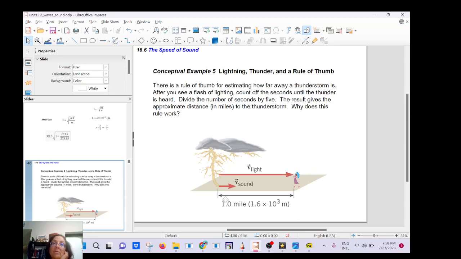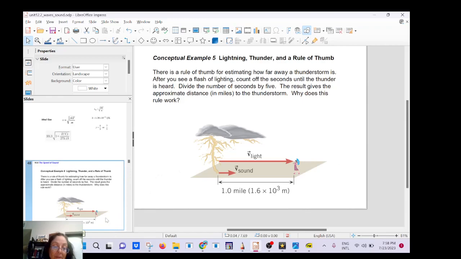So if you count 5 seconds between lightning that you see and the sound of thunder, that means it's 1 mile away. If you count 10 seconds, it's 2 miles away. Otherwise, if you cannot count even 1 second, it means it's just above your head, right? And maybe you have to look for cover.